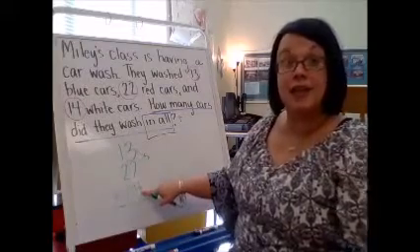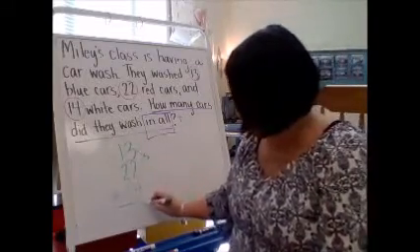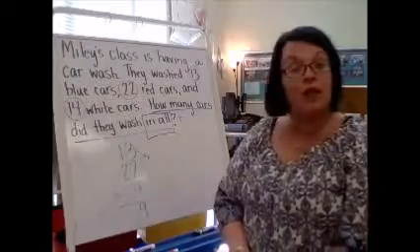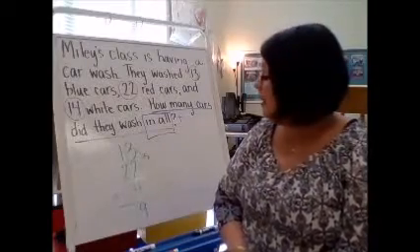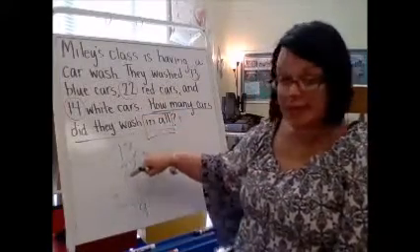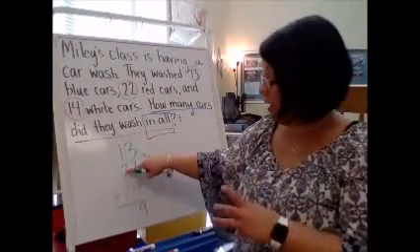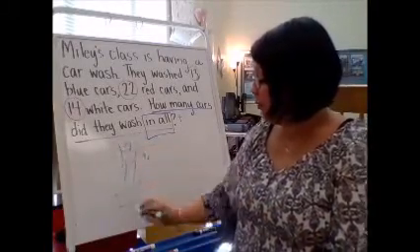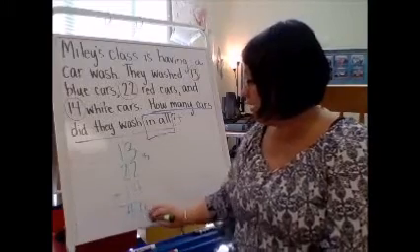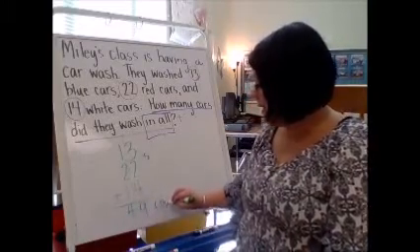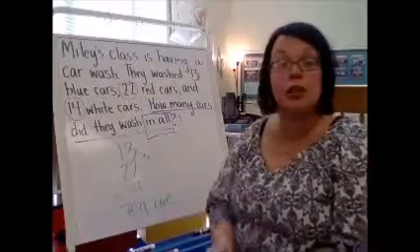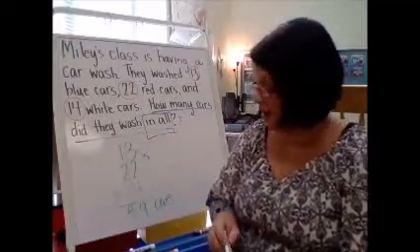If you guess 9, you've got the right number. So 9 goes there in the ones place. Then I'm going over to the tens place. 1 plus 2 equals 3, and 3 plus 1 more equals 4. So that means that Miley's class washed 49 cars.